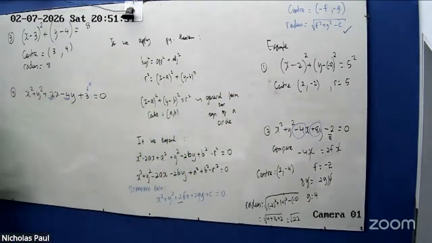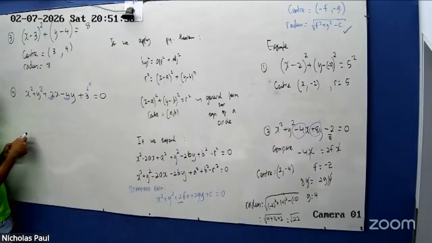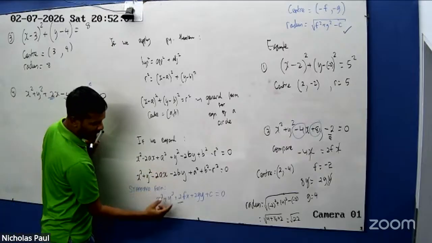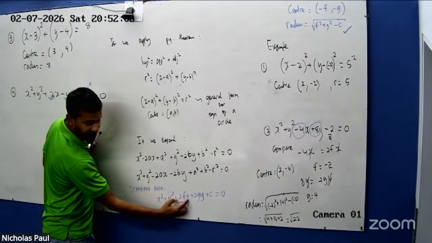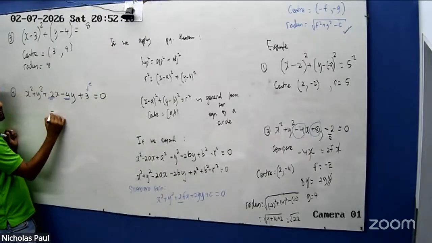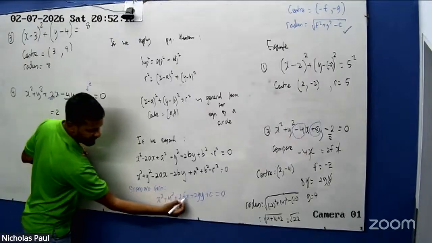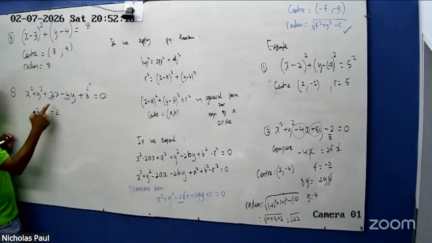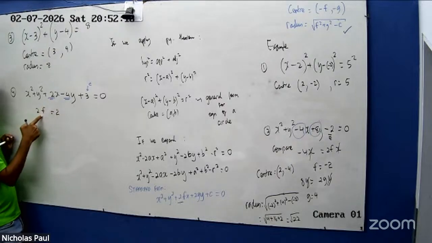So take your time, compare this. What do we compare 2 to? We compare 2 to whatever is in front of x. So the coefficient of x here is 2. What we're comparing it to is 2f. So whatever is in front of x, 2f all the time.